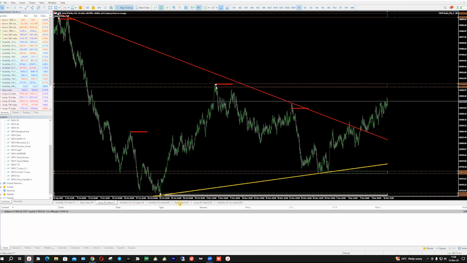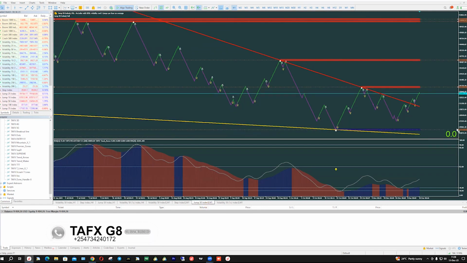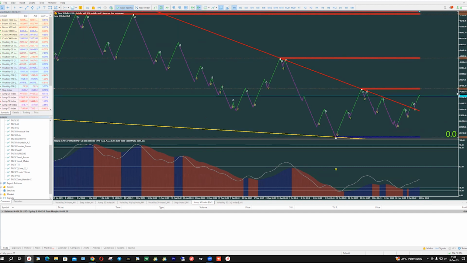All right, so let us check here and see what was going on with this support and resistance. Here we can see the last support was 27,405, 25 points. It is somewhere here. It is the same area here.